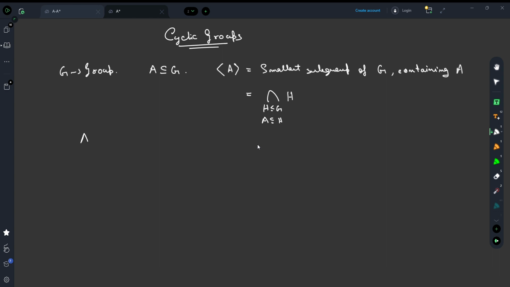And the other structure we gave is that we considered a set which contains elements of the form a1 to the power epsilon 1, a2 to the power epsilon 2, till an to the power epsilon n, such that each ai comes from A, each epsilon i is equal to plus or minus 1, right?